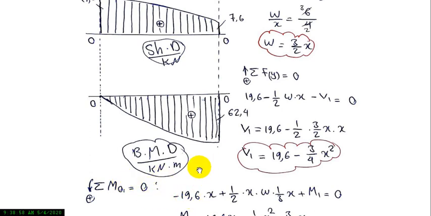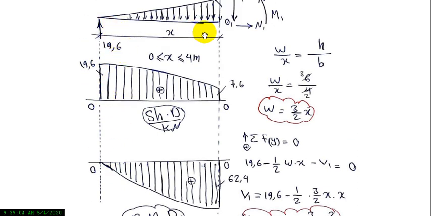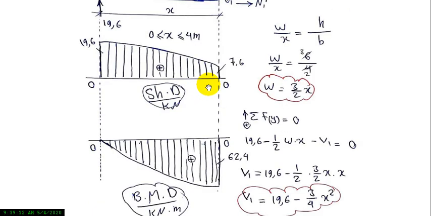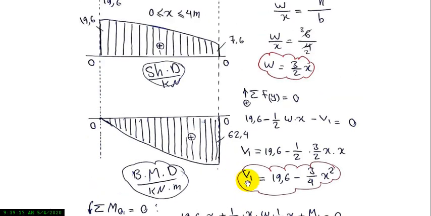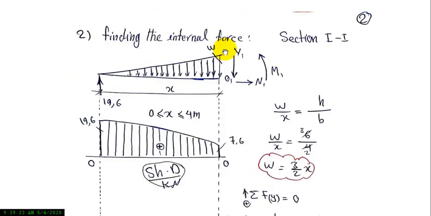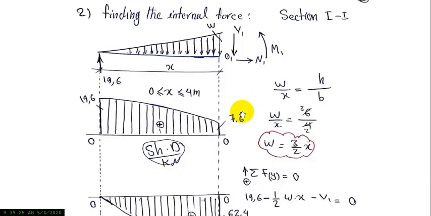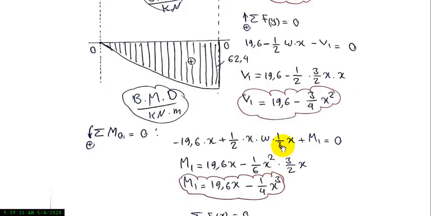So we can write minus 19.6 multiplied by x, because it is clockwise, and this load acts counterclockwise, so we write positive plus 1/2 multiplied by x multiplied by w, and also plus M1 equal to 0.